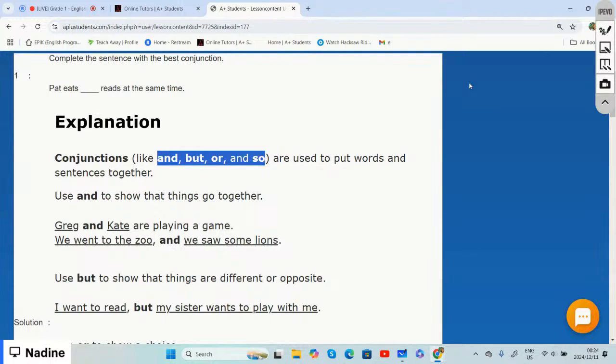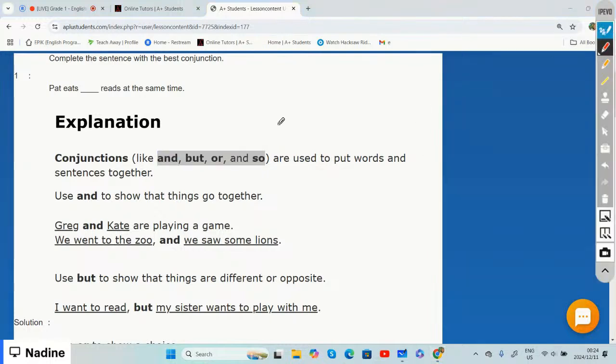So Pet eats, yeah, we need to complete the sentence. It says Pet eats.